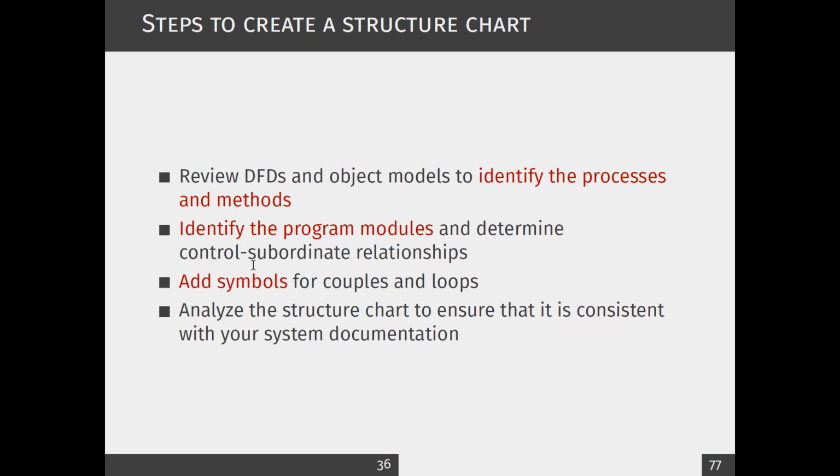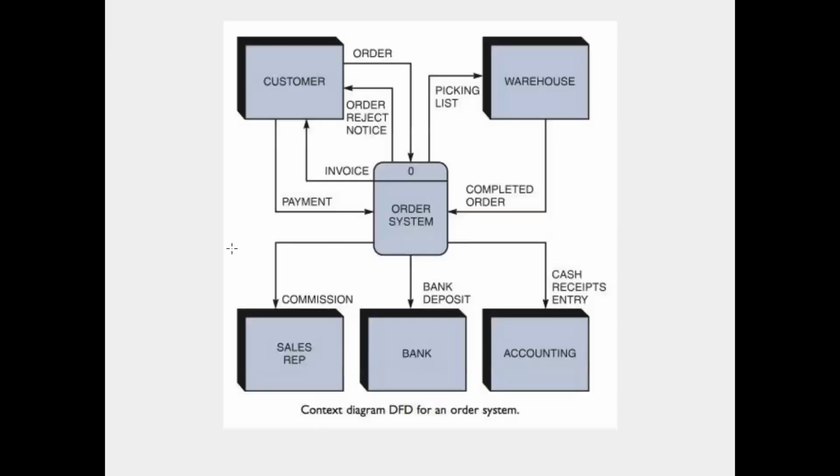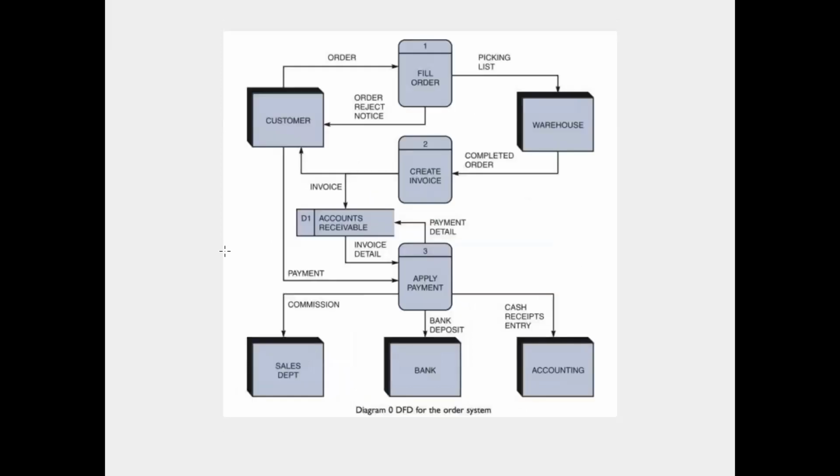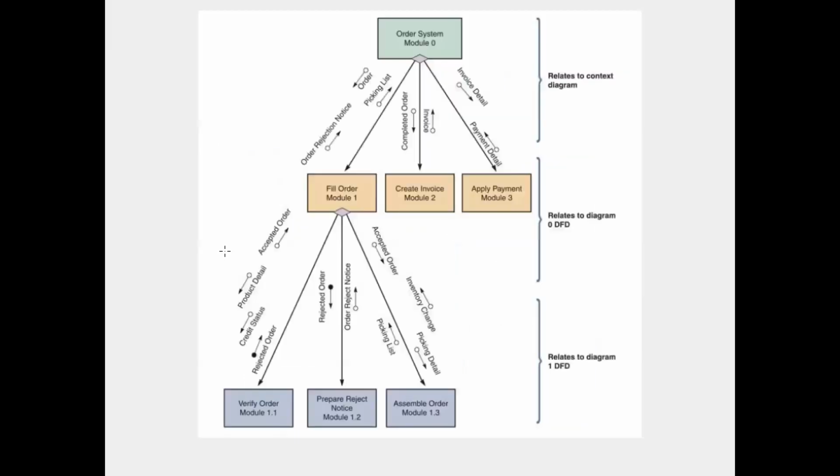Then you add symbols and analyze the characteristics. So according to this, we have the data flow diagram that we have drawn earlier. Let's look at how we can convert this to structure charts.